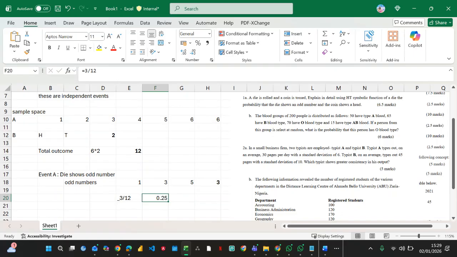So that's the answer. The answer for that one is 0.5.